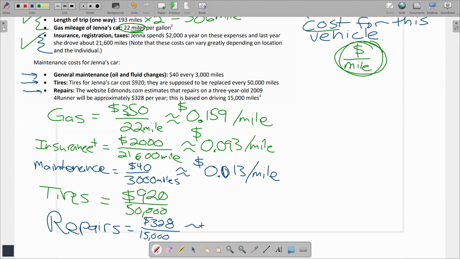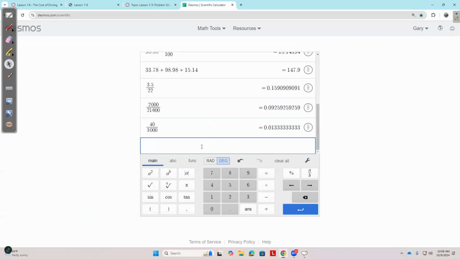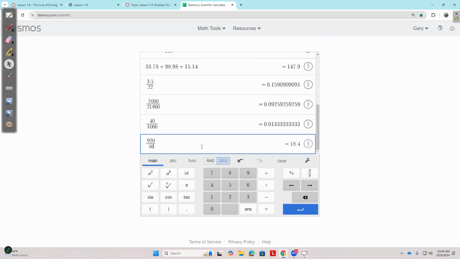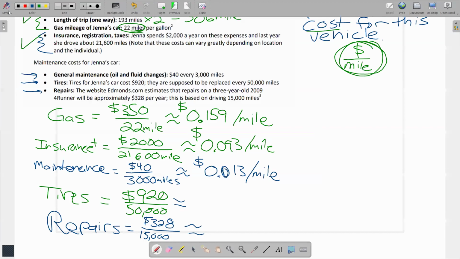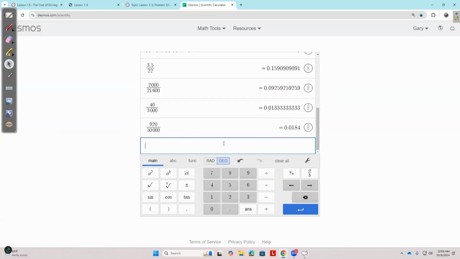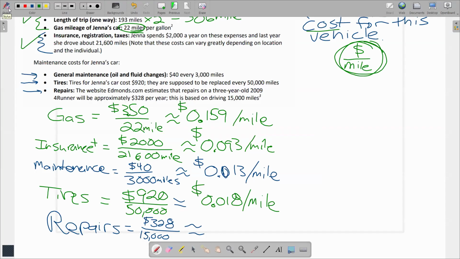And I want 3 decimal point approximations for each of these on my calculator. All right, 328 over 15,000.